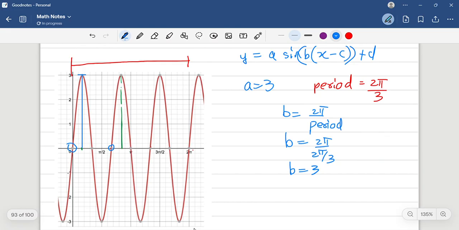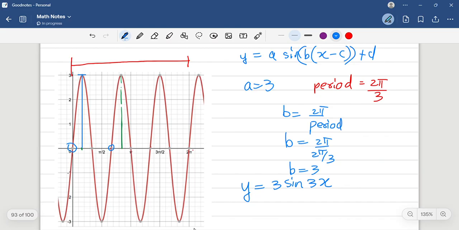There is no horizontal shift, because this is right at the starting point, and there is no vertical shift, because this is at 3 and this is at minus 3. So the function will be y is equal to 3 sine 3x.